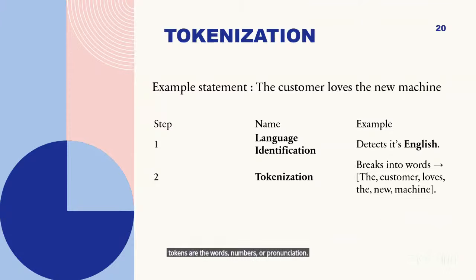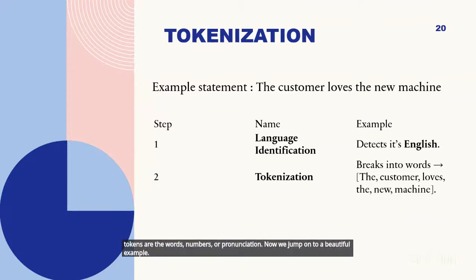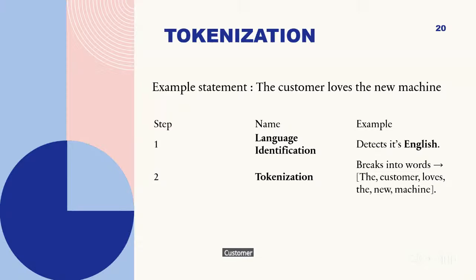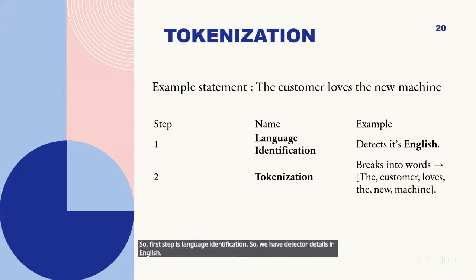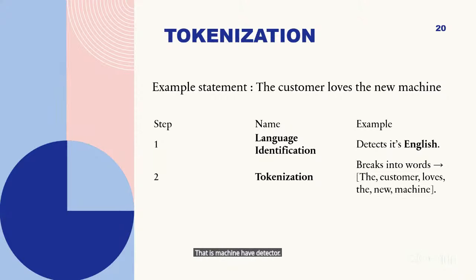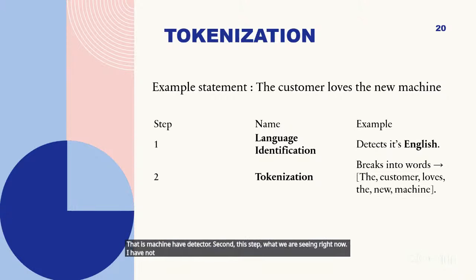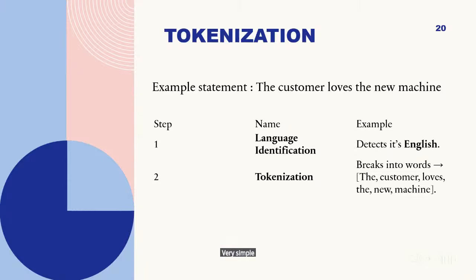Now we jump on to a beautiful example: the customer loves the new machine. The first step is language identification, and the machine has detected it as English. The second step is what we are seeing right now. I have not given text identification in the slide because it is very simple, so we are jumping directly to tokenization.